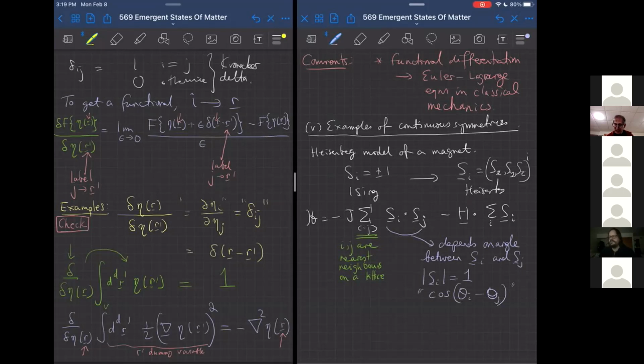So what it means is then, if I were to rotate all the spins in the system, it will not change the angle between neighboring spins.